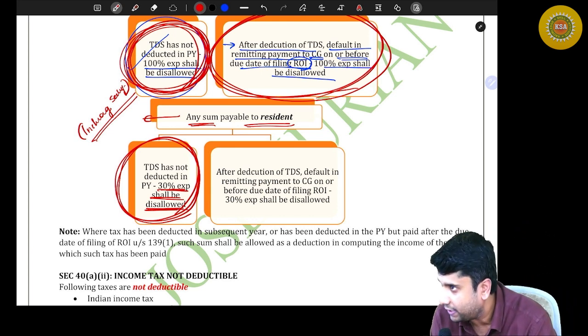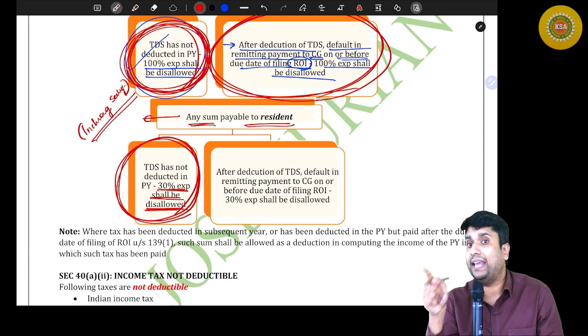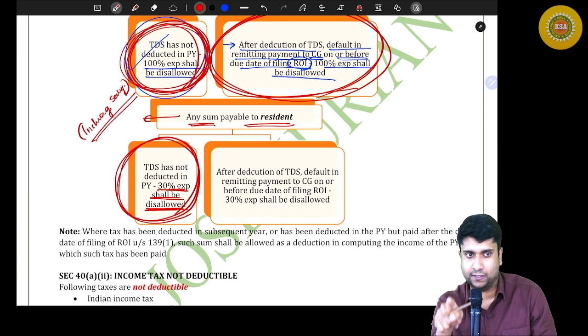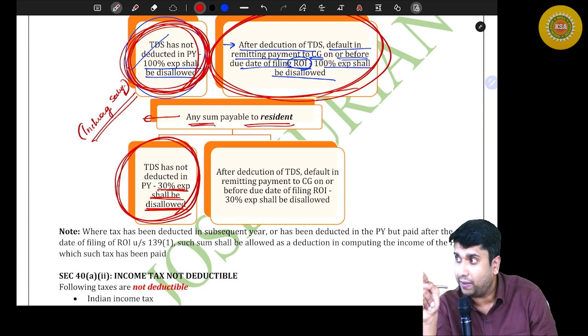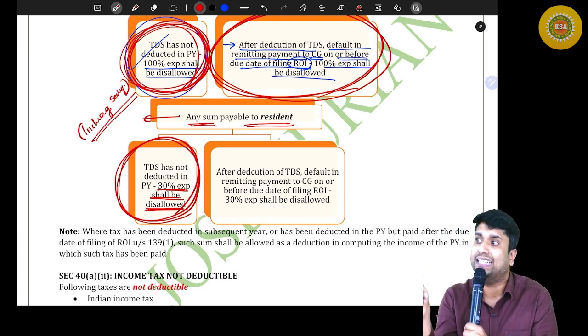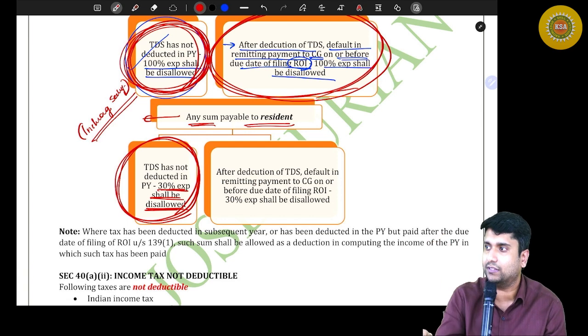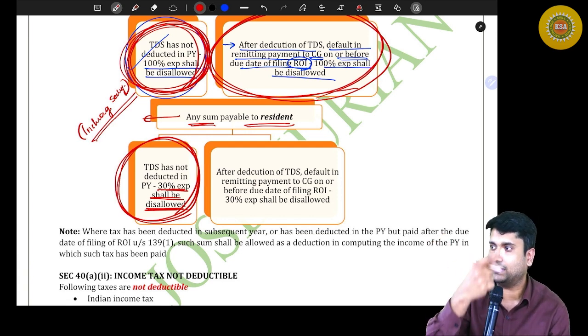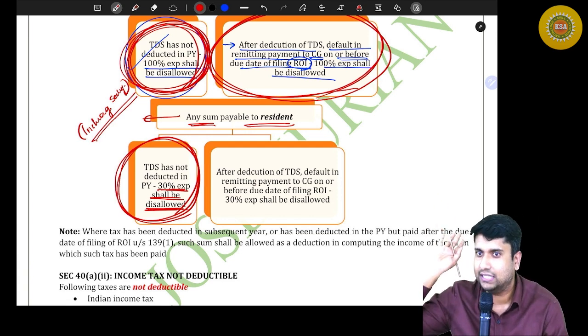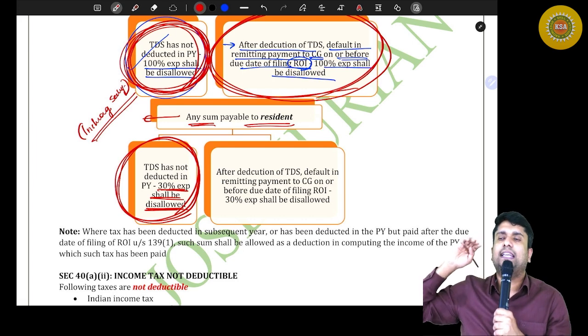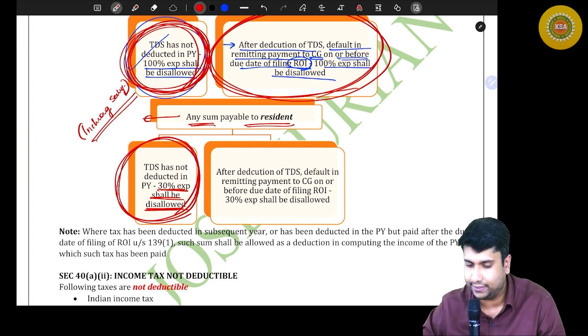Are you with me? So if the payee is NR, the disallowance will be 100%. If the payee is a resident, the disallowance will be 30% of the expense. Or we can say 70% you can claim as a deduction, 30% gone. Is that clear?